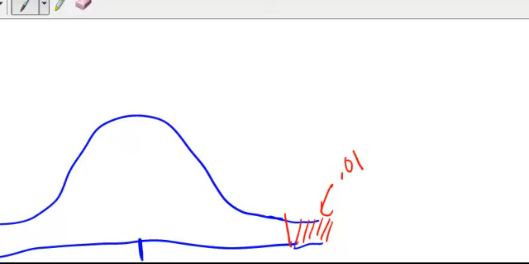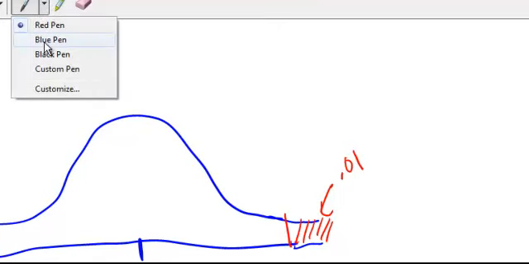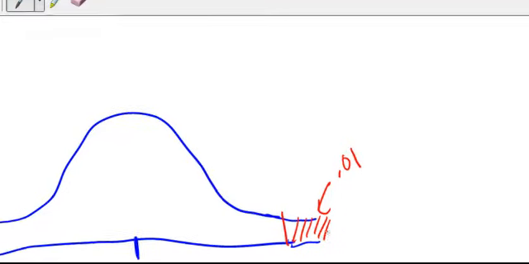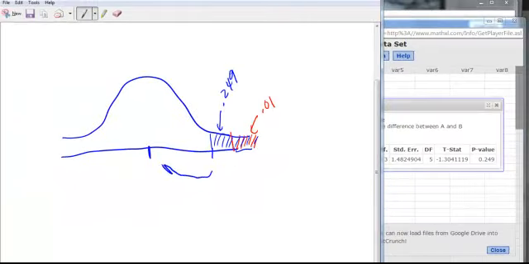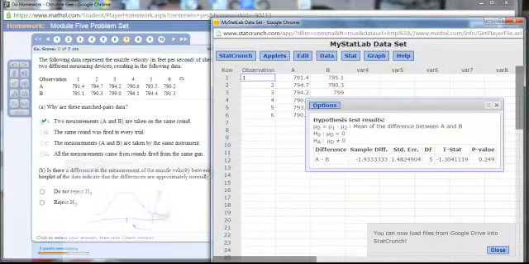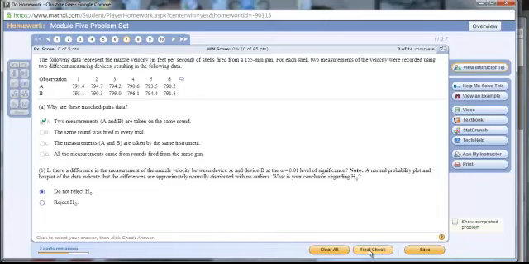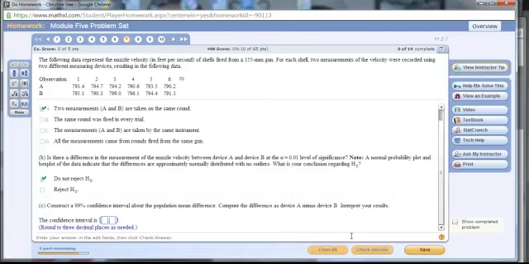Now the p-value is bigger than that, so it's not way down in this area, it's outside of that. The p-value is 0.249, so it is closer to the middle. It's not way out in the tail to reject. So here we would not reject. Do not reject the null. Perfect.